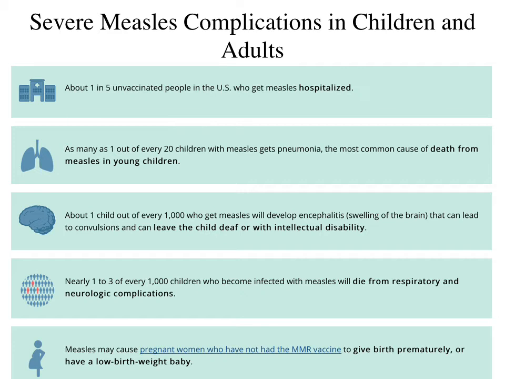Measles can also make a pregnant woman have a miscarriage, give birth prematurely, or have a low birth weight baby. In developing countries where malnutrition and vitamin A deficiency are common, measles has been known to kill as many as 1 out of 4 people. It is the leading cause of blindness among African children. Measles kills almost 1 million children in the world each year.